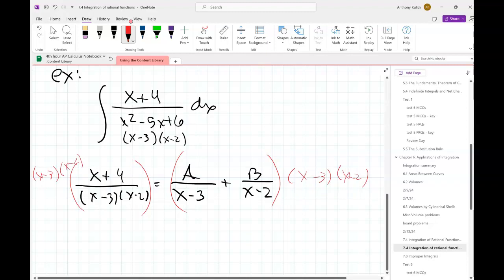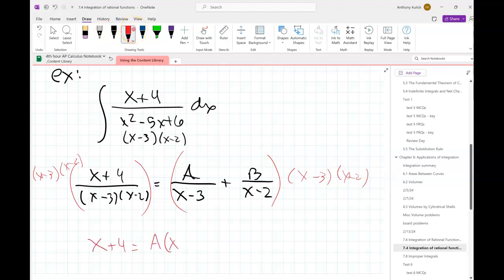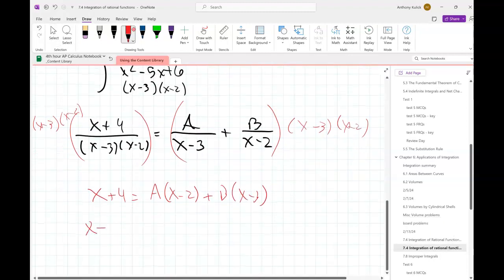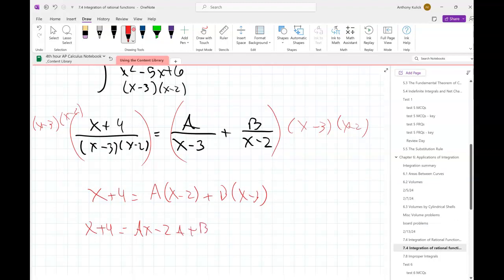So I'm going to multiply both sides by x minus 3 times x minus 2. That gives me x plus 4 on this side, and a times x minus 2 plus b times x minus 3 on the other side. I can distribute the a and the b through, so I have ax minus 2a plus bx minus 3b.